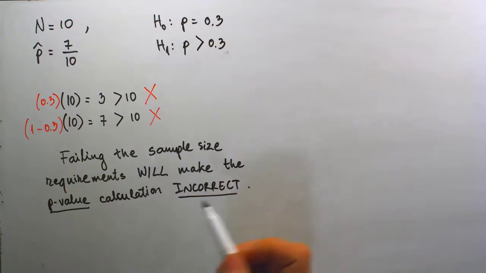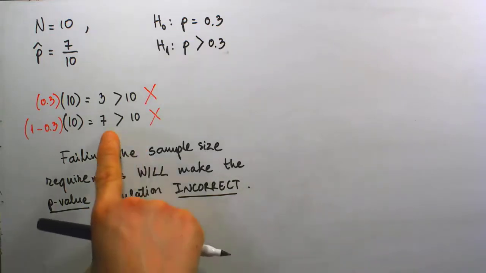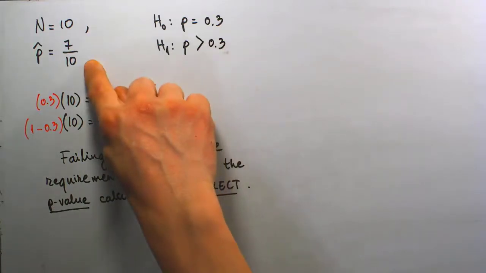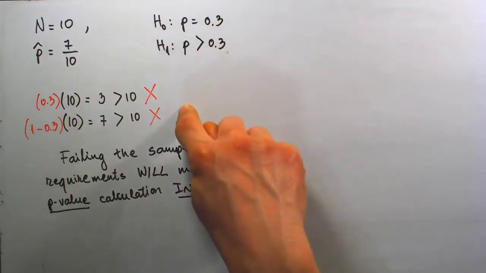So in a practical situation, if we really end up with a sample that fails the requirements, then there are two options for us.